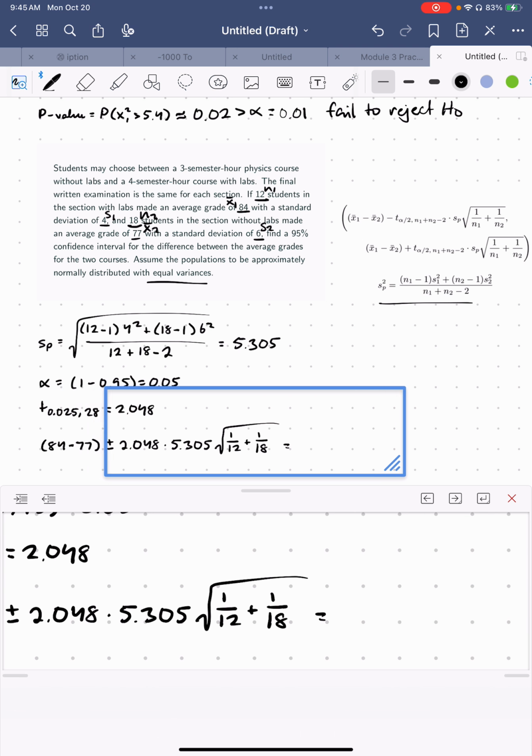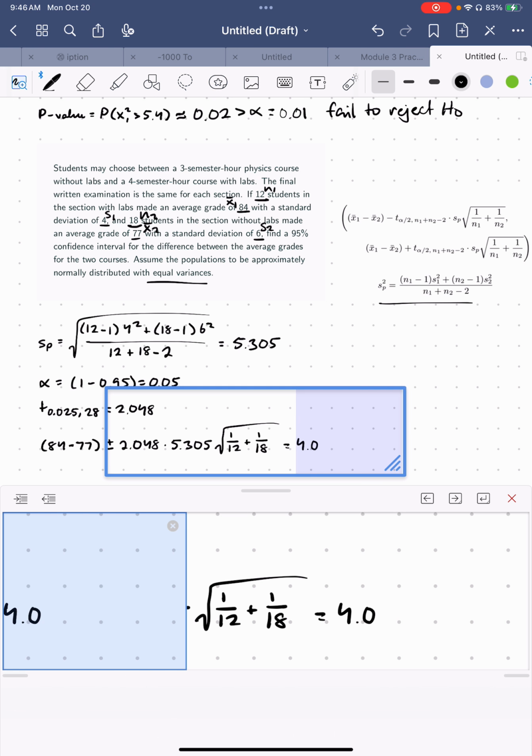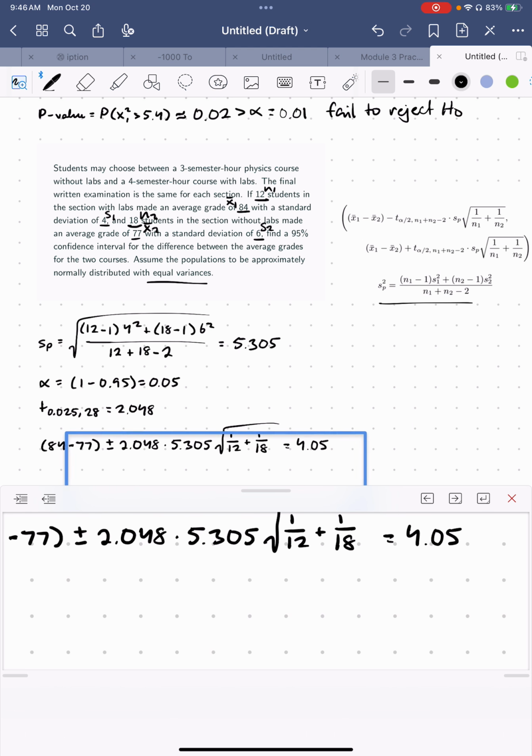And we should get 4.05 as our answer for this part.